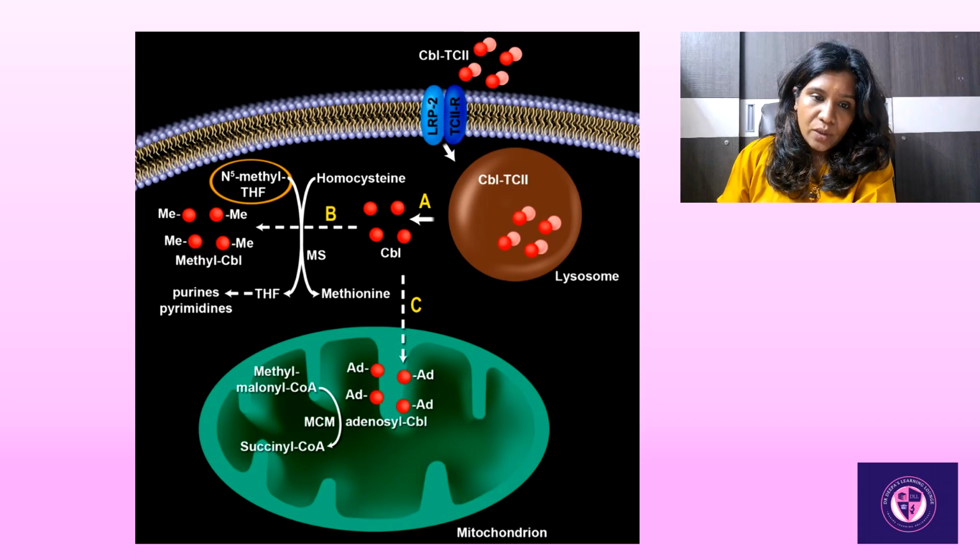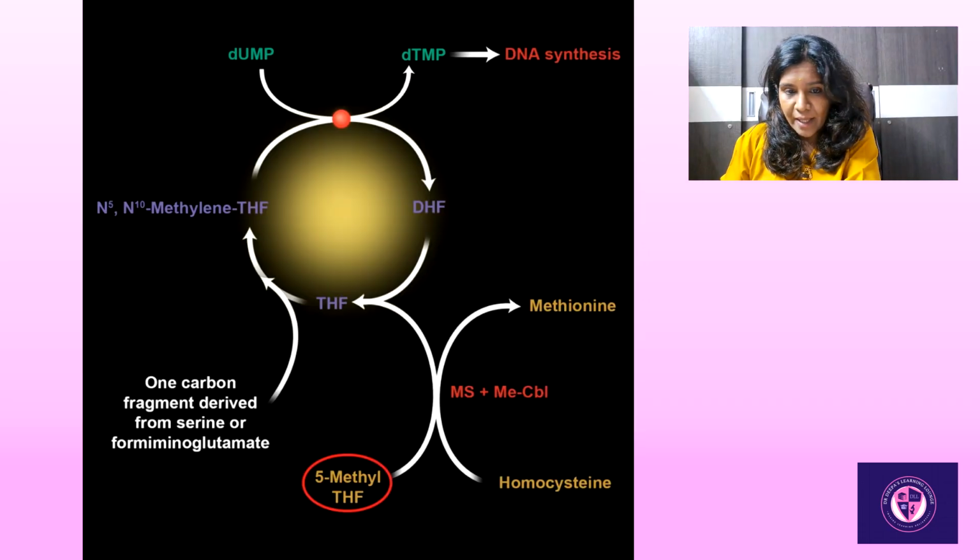As you all know, deoxythymidylate synthesis depends on a derivative of tetrahydrofolate, which is the only carbon donor for this entire reaction. So now this is where cobalamin comes into play. The body's pool of active tetrahydrofolate is basically replenished through a reaction that requires cobalamin as a cofactor.